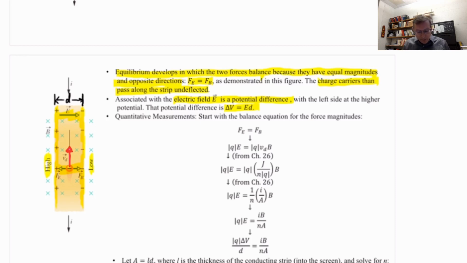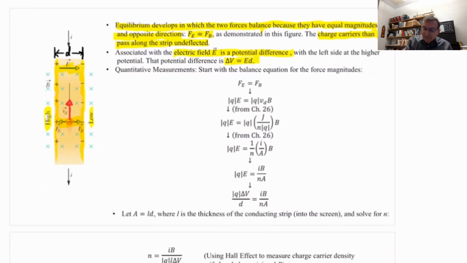Okay, but to be a little bit more clear what that appropriate distance is, it's the distance that is perpendicular to both the drift velocity, Vd, and the magnetic field, B. Okay, so now let's put all these ideas together.